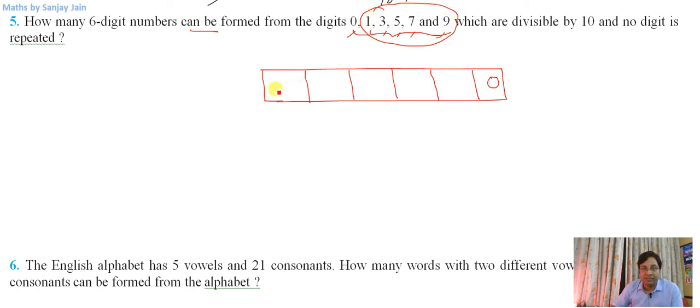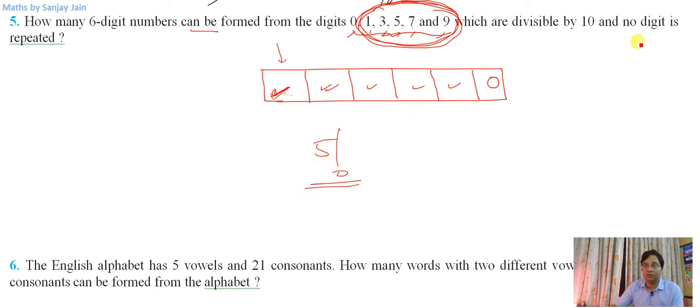And if you see, I've got 5 places to fill. I've got 5 digits here which are all distinct, and I don't have to worry about 0, because if there would have been 0 in this, then I had to exclude that case where 0 can arrive at this place. But now I don't have to worry. I just have to arrange these 5 digits in 5 places in a row in 5 factorial ways, right?